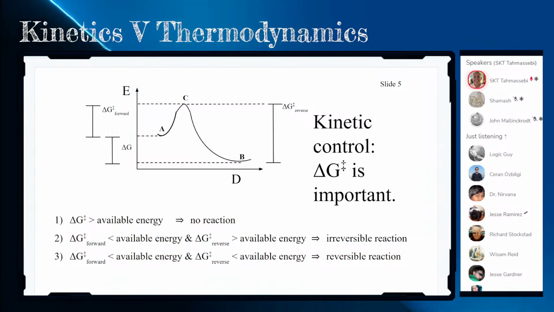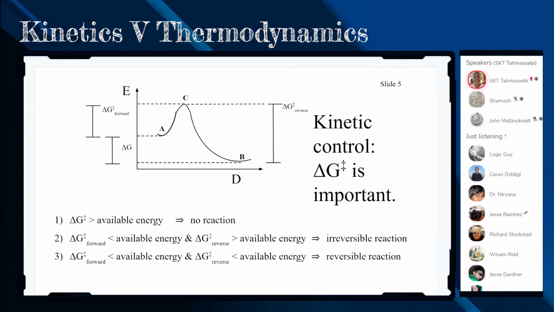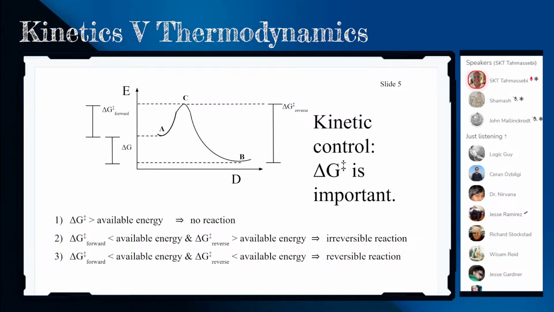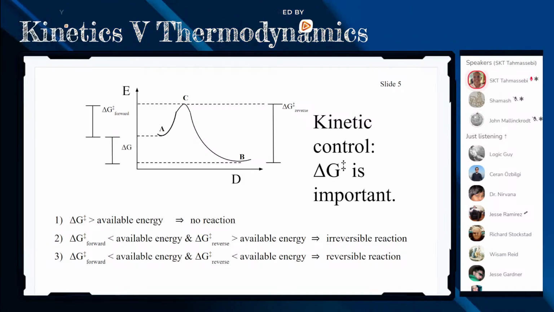A reaction goes to completion when delta G is really, really negative and you get negligible reactant concentrations. But an irreversible reaction is one where the forward reaction is energetically acceptable, but the reverse is not. An irreversible reaction will never reach equilibrium.